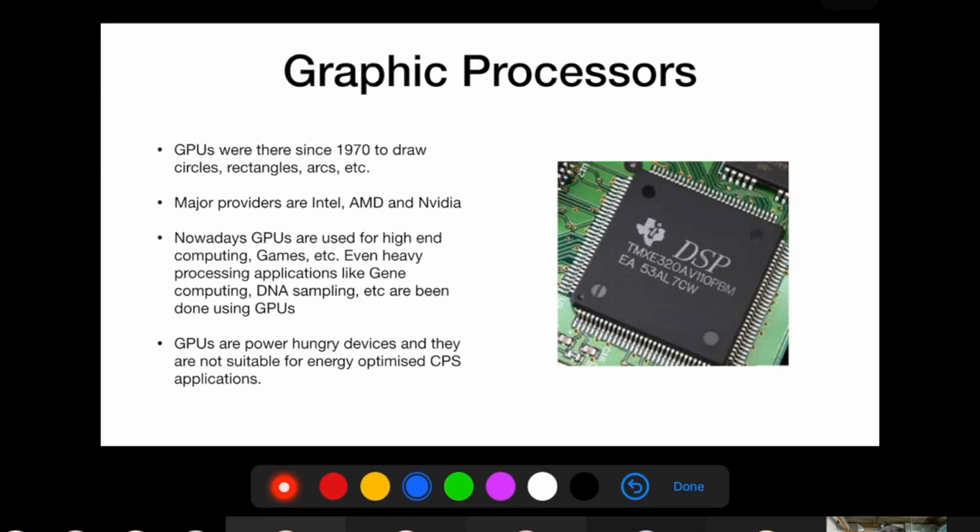So the next thing is a graphic processor. GPUs were there since 1970 to draw circles, rectangles, and arcs.